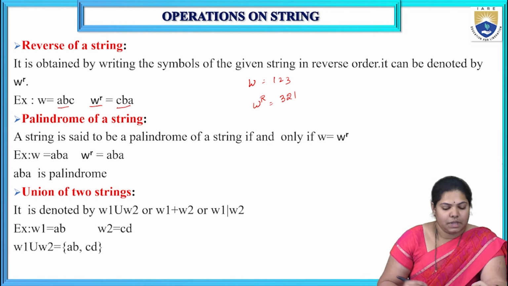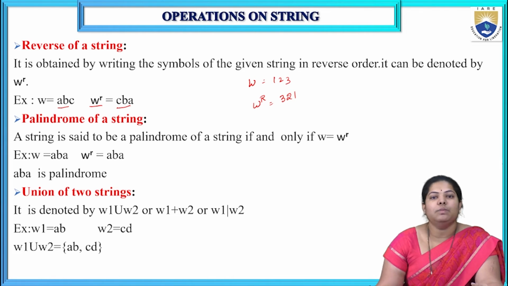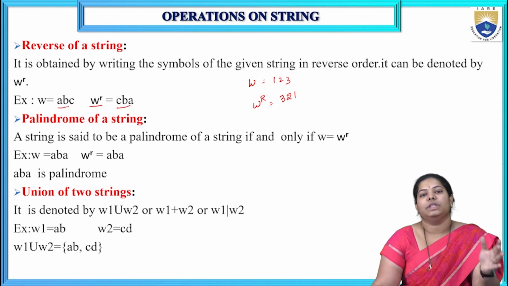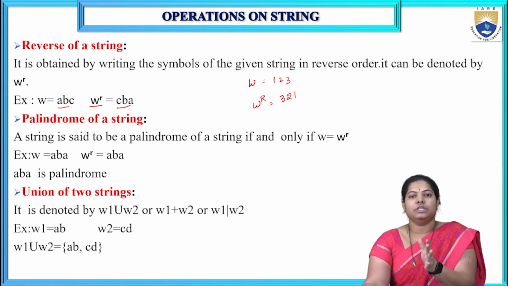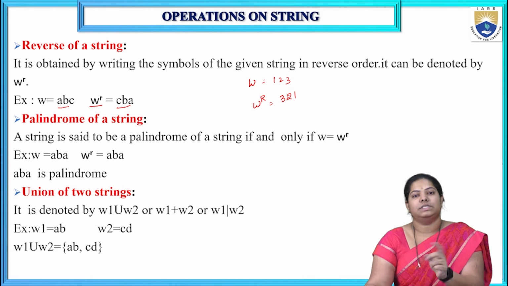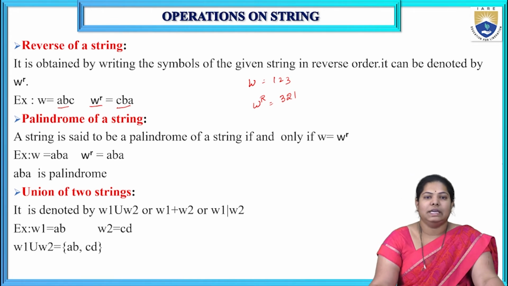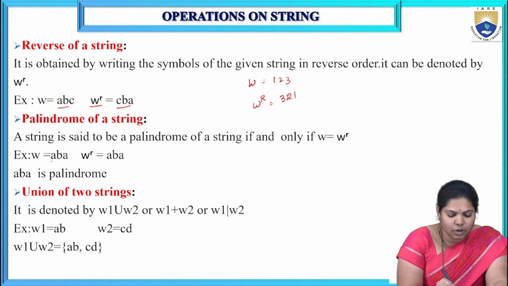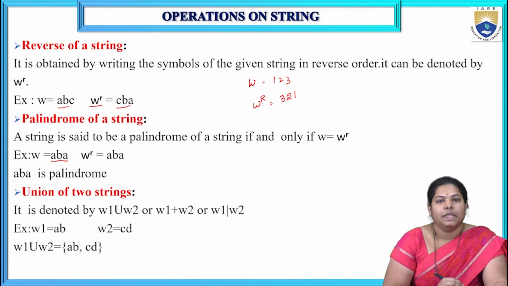Right? Okay. The next one is the palindrome of a string. What is called a palindrome? When the string is equal to the reverse of the string, then we call it a palindrome. Here I have taken the example ABA.